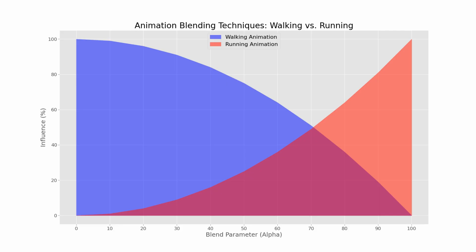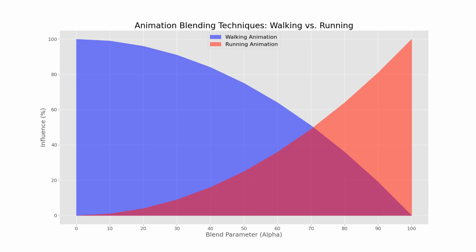Now notice the shapes of these curves. They're not straight lines, but rather concave, indicating a quadratic weighting of each animation's influence instead of a linear blend. For instance, at alpha equals 50, the plot indicates that walking has roughly 75% influence, while running sits around 25%.